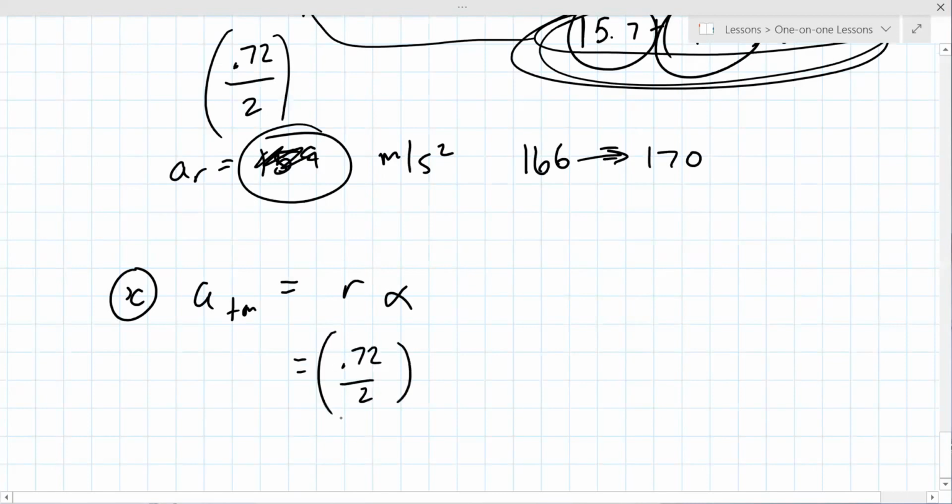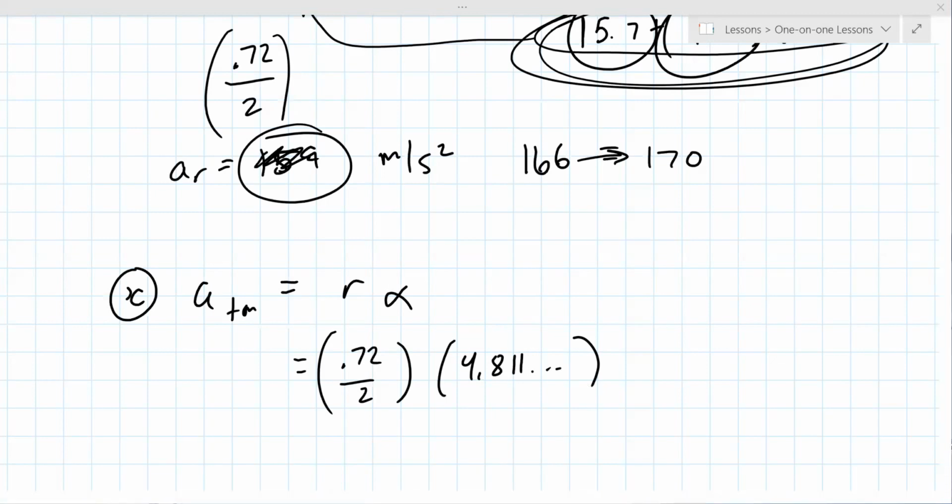Your alpha is from part A, that was the 4.811. So that is 0.36 times alpha, 1.73. How many significant figures does it say? 2. So 1.7. Where are the units? Meters per second squared.